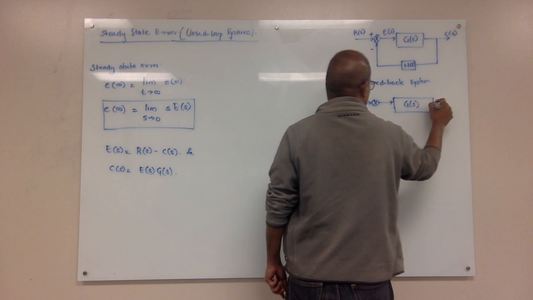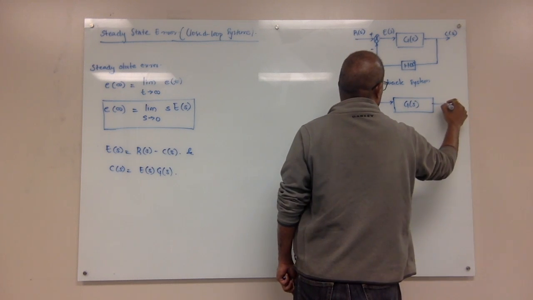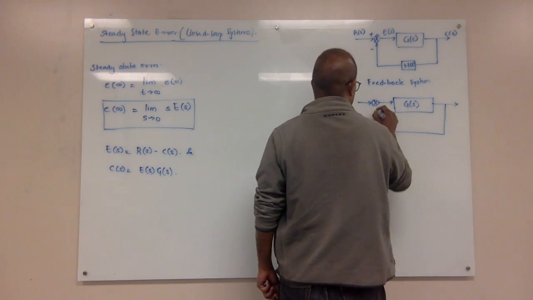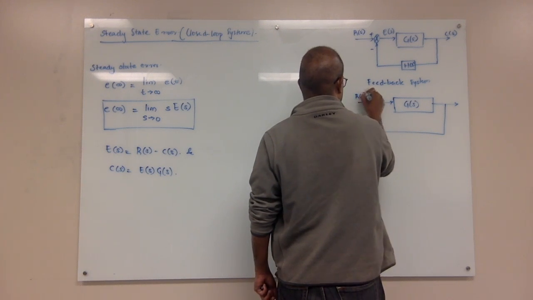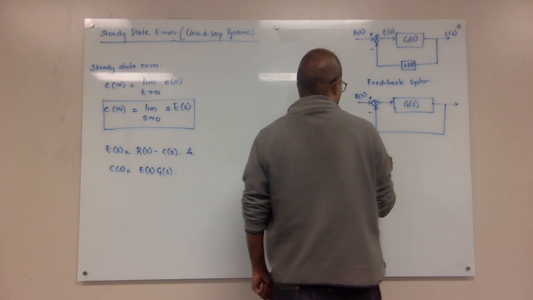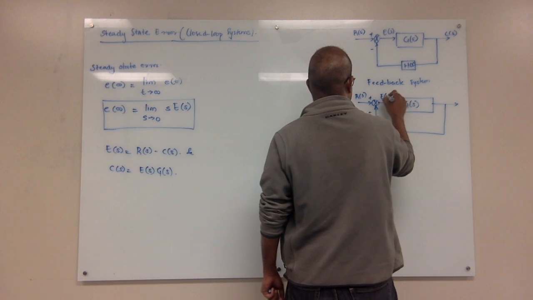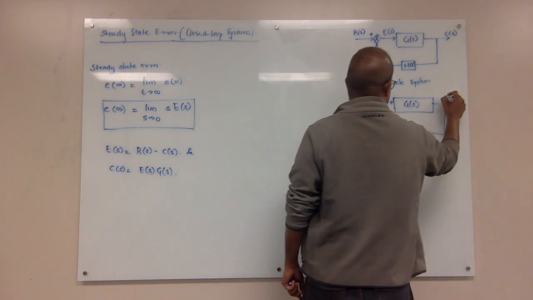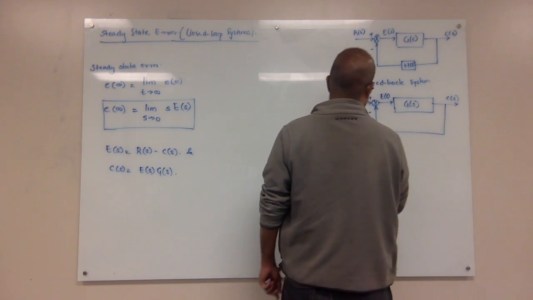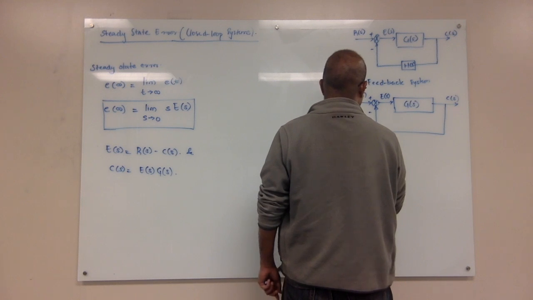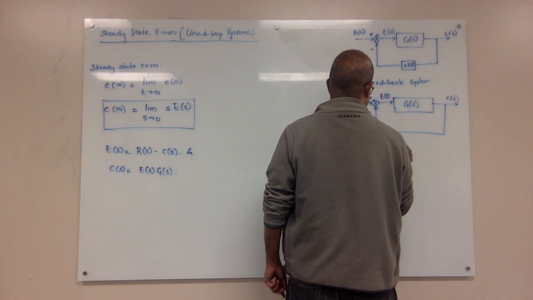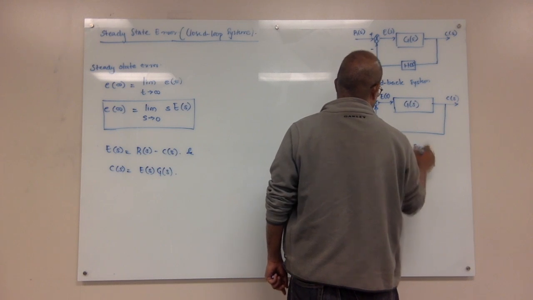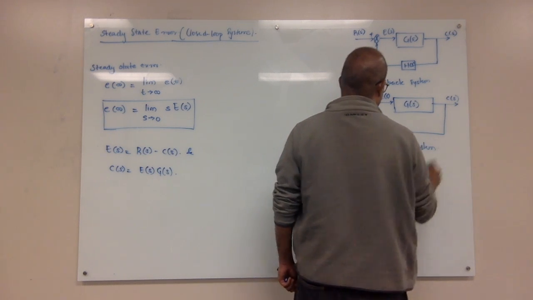You have G of S. This is called a unity feedback system, and it should make sense intuitively.